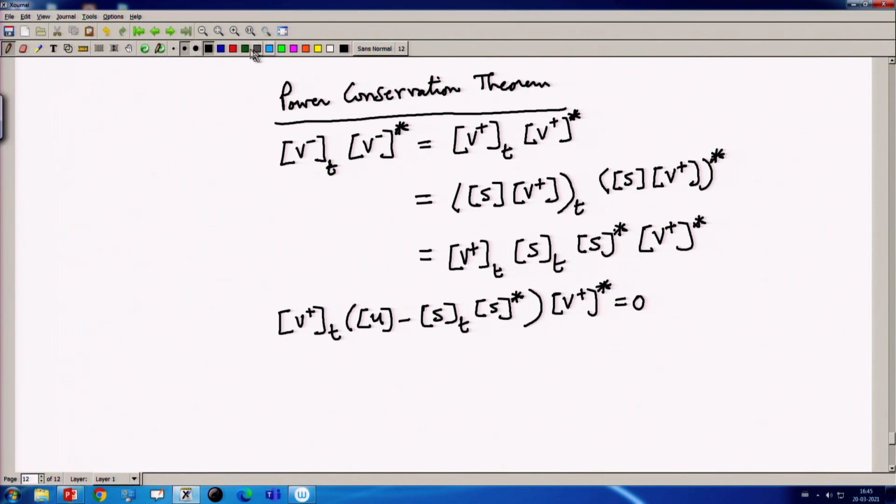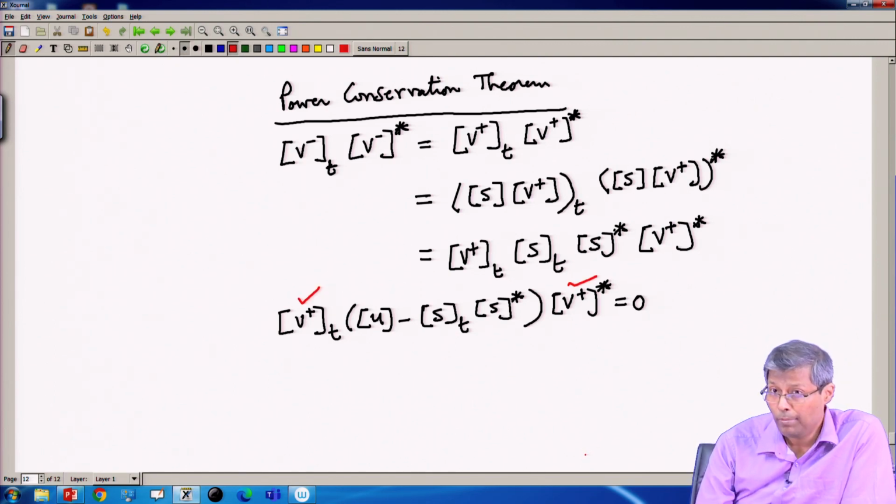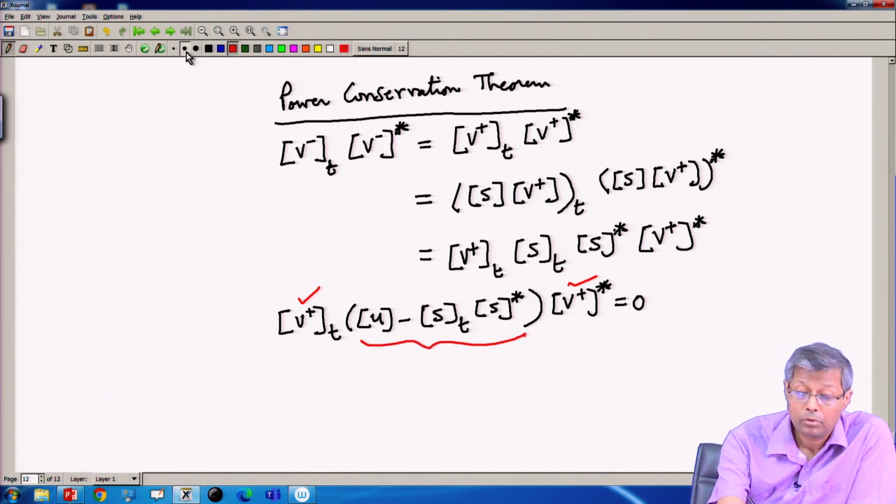Now, because the V plus matrix is not 0, the only way this can be satisfied is this becomes 0.